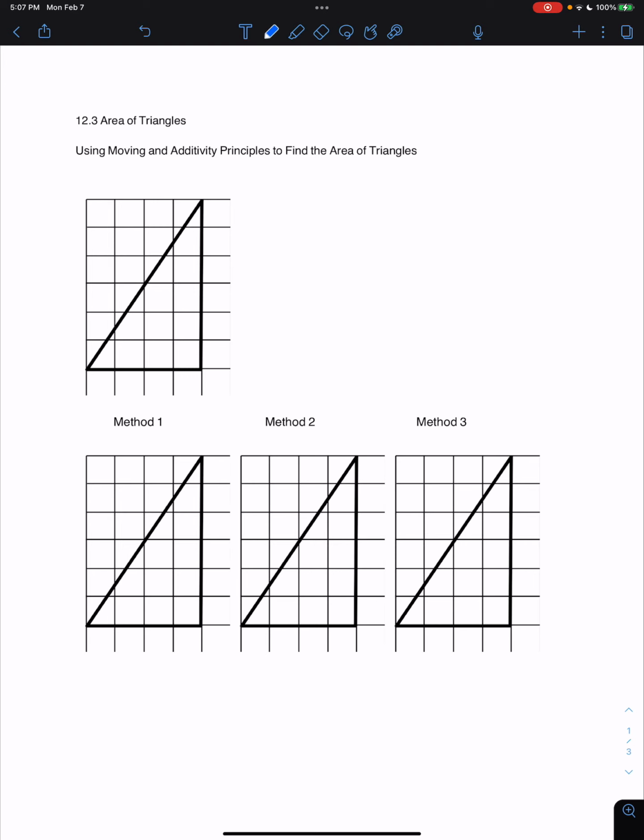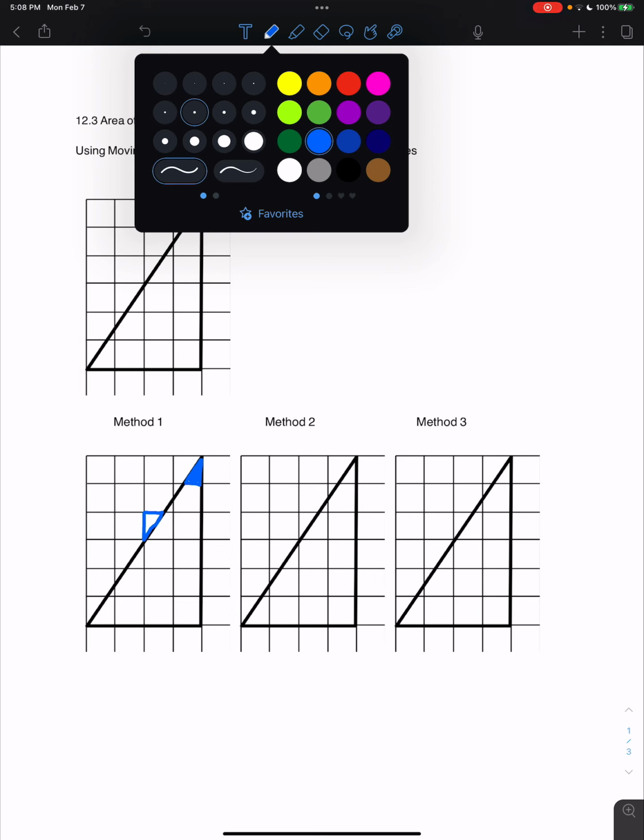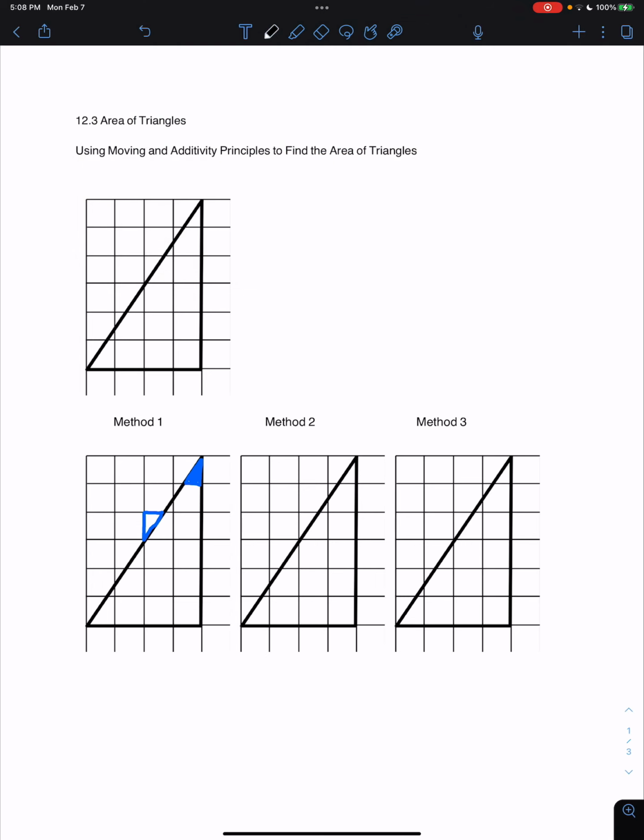So the first method, I'm just going to identify parts of this square and try to match it up with other parts of the square. So in other words, this part here looks like that part here. So I'm going to theoretically get rid of that part, or maybe I should just black it out instead.